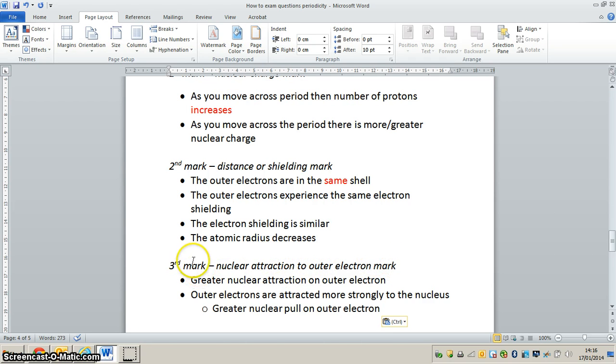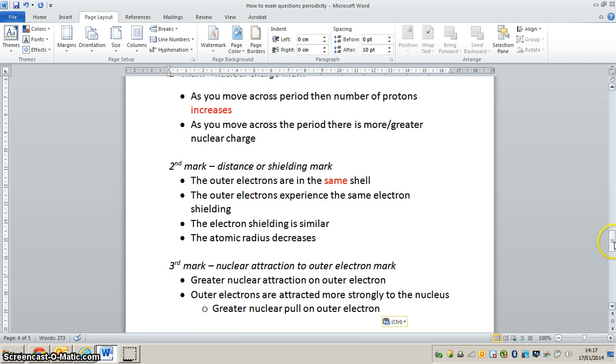So we could say that the electron in the outer shell experiences greater attraction because of the increased number of protons in the nucleus, or the outer electrons are attracted more strongly to the nucleus, or, a less scientific answer, there is a greater nuclear pull on the outer electron, so it is harder to lose an electron, therefore the ionization energy increases.